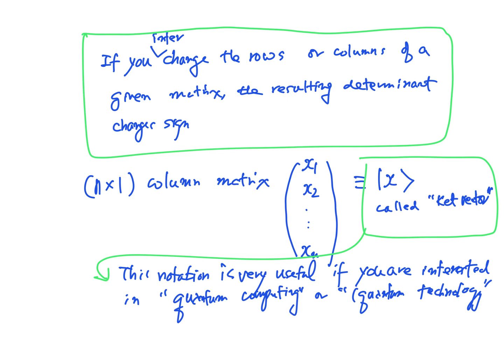And this is sometimes called qubit. Anybody heard about qubit? Newspaper? No? Okay, good. But we are not going to cover that particular subject, but just use this notation to denote the column vector. N by 1 column vector.